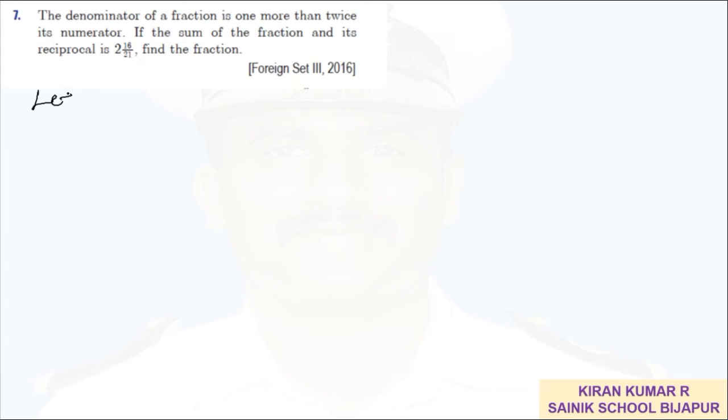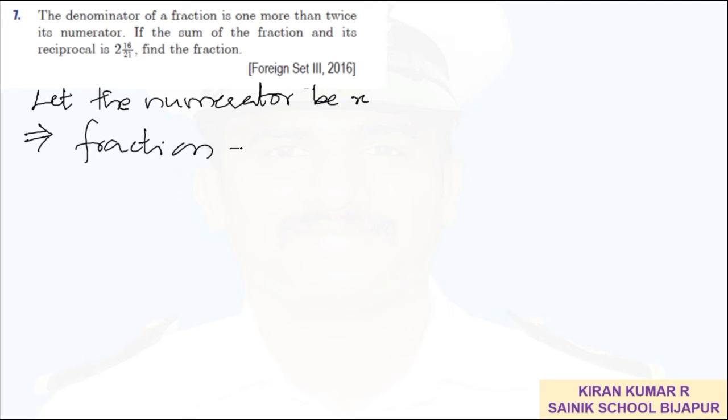Let me consider, let the numerator be x. This implies the fraction would be x upon 2x plus 1, 1 more than twice, so it is x upon 2x plus 1.